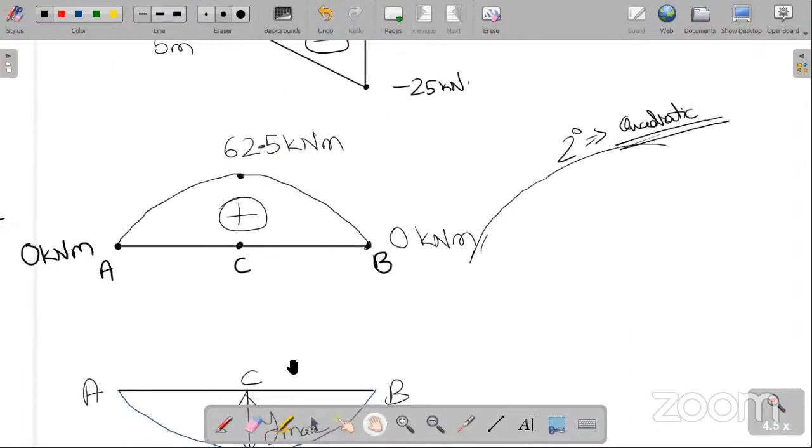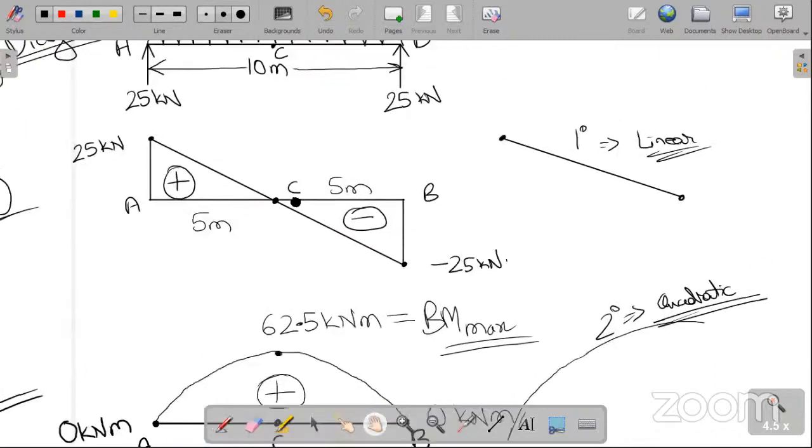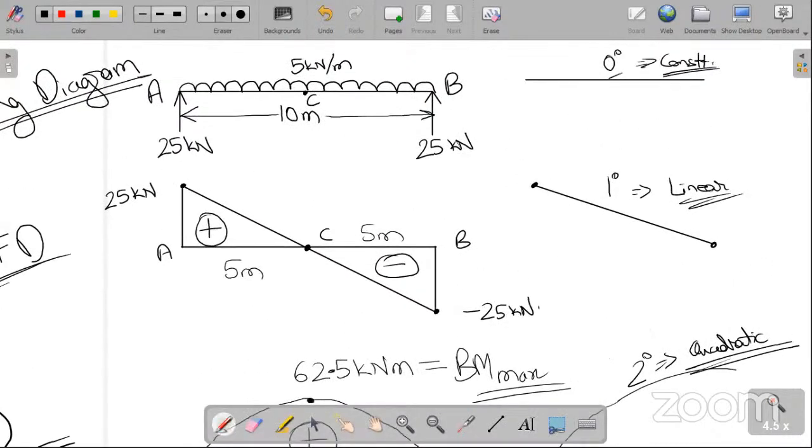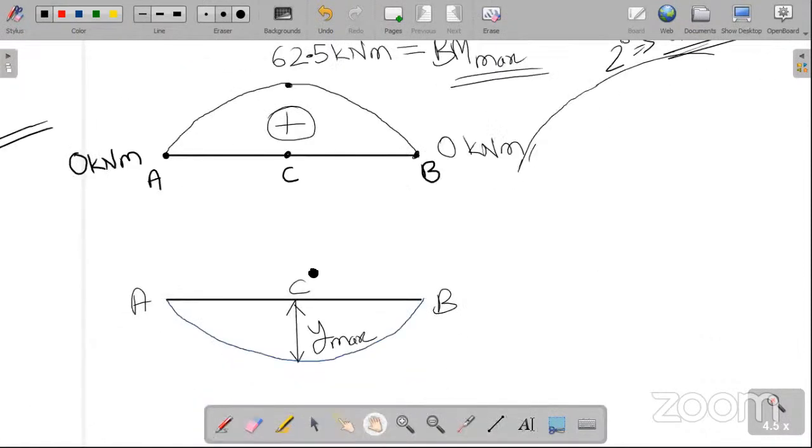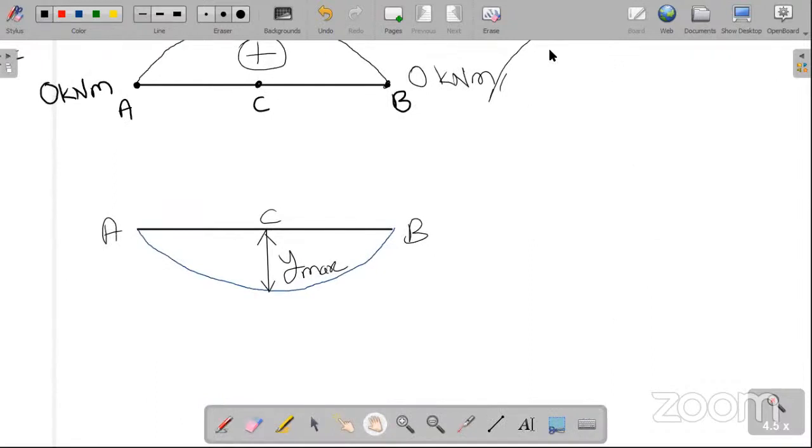I've already found the maximum bending moment. I've also found the maximum shear force. Now tell me what will be the maximum deflection. Does anyone know? And coming to the maximum bending moment, I think none of you got it right.